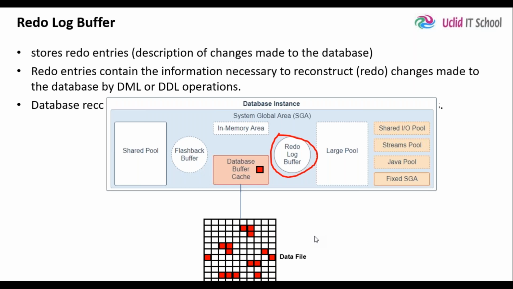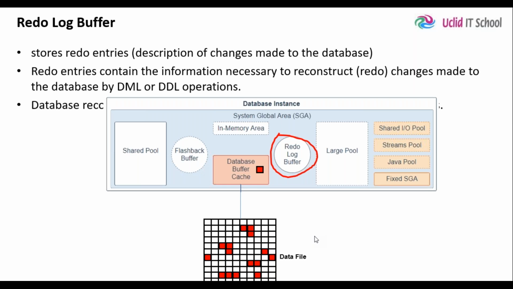It will delegate that task to the background processes and coordinate with them to ensure that the task is performed. Some tasks the server process does directly. For example, to read a block from the database, the server process will directly read it into the buffer cache. It doesn't use any other process to read. It directly reads the block.